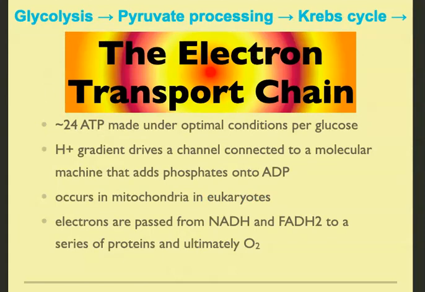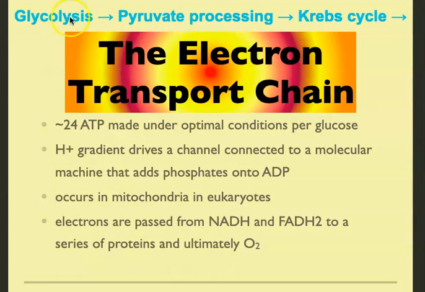So the electron transport chain comes at the end of this process of cellular respiration. Again, we've already talked about glycolysis, pyruvate processing, and the Krebs cycle, also known as the TCA or tricarboxylic acid cycle.